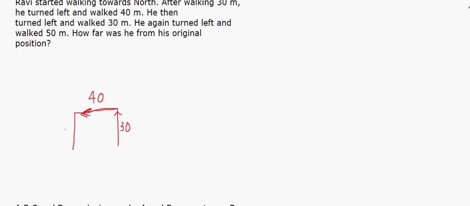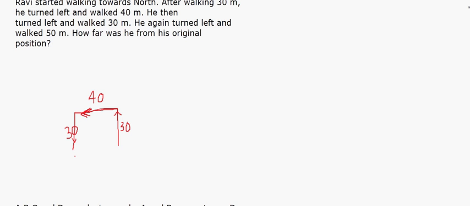So he walked 30 kilometers again in this direction, and he turned left and walked 50 kilometers, right? So while he was coming down, imagine yourself going down, where would be your left? You can just rotate your sheet and see where would be your left.